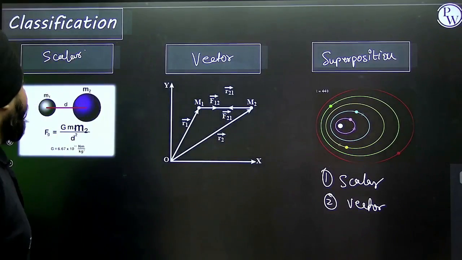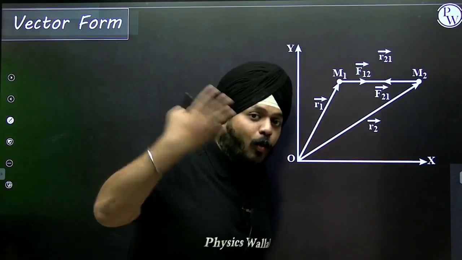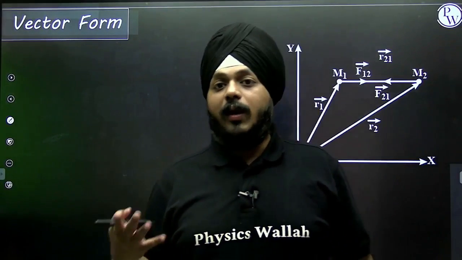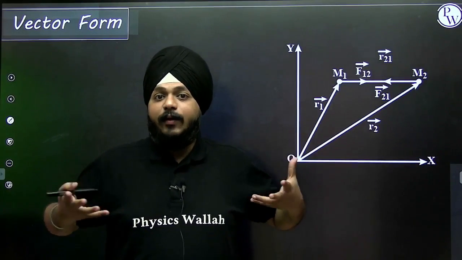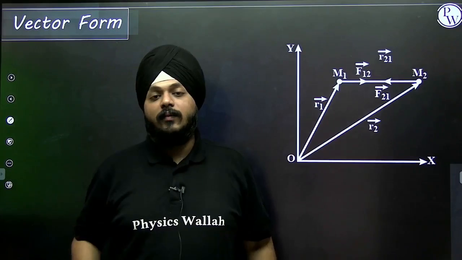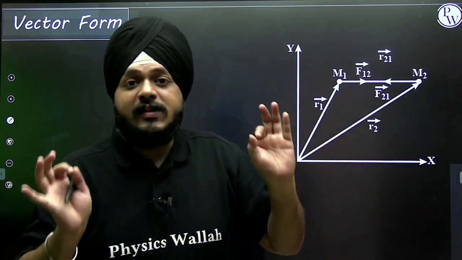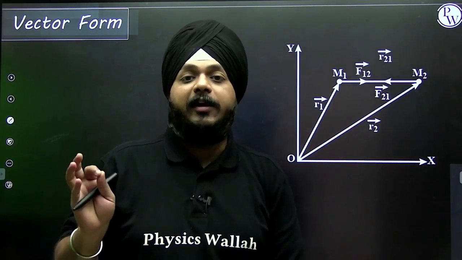Okay, and here let's move on to the vector form. Why was there a need? As I said before, physics is always about the why. Why is there a need for a vector form? Motion is always analyzed with respect to a reference frame and a reference point.